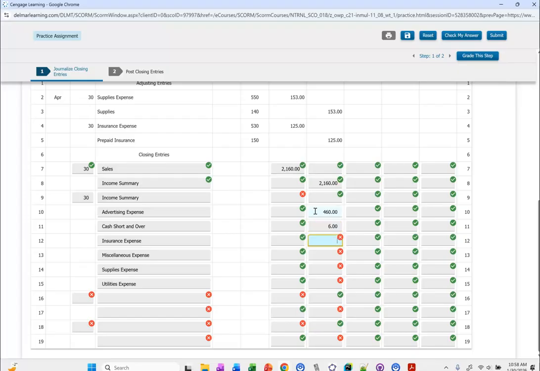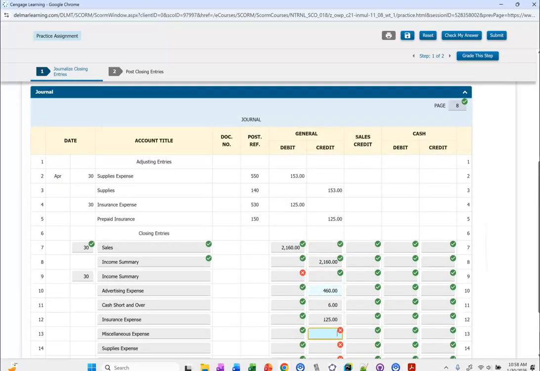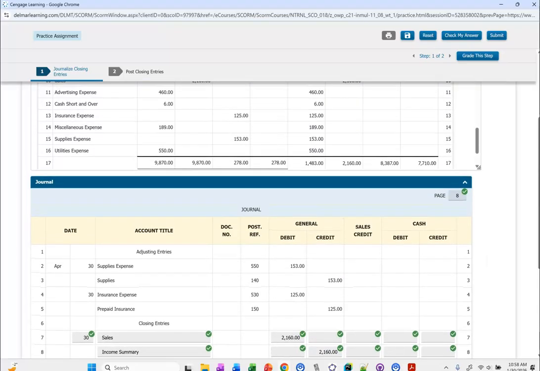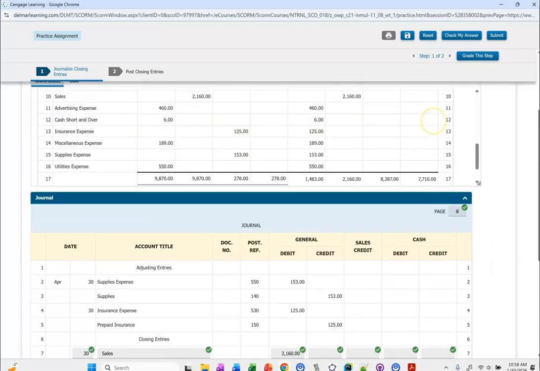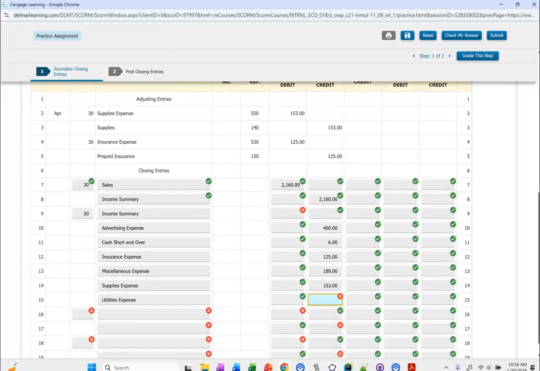My insurance expense actually is right here, $125, because that had an adjustment to it, which is pretty standard. I go back to my miscellaneous, and that was $189. My supply expense is right up here, $153. Again, there was an adjustment on that, which is pretty standard. And then the utilities is last, that's $550.